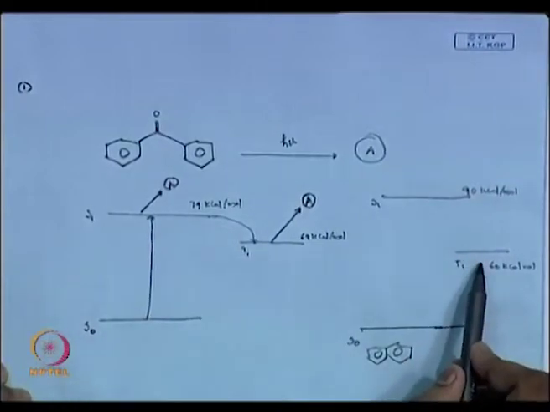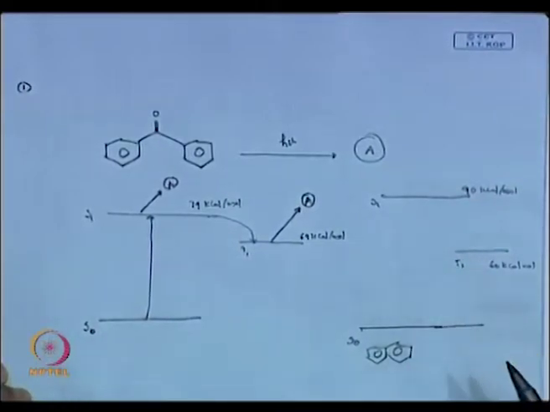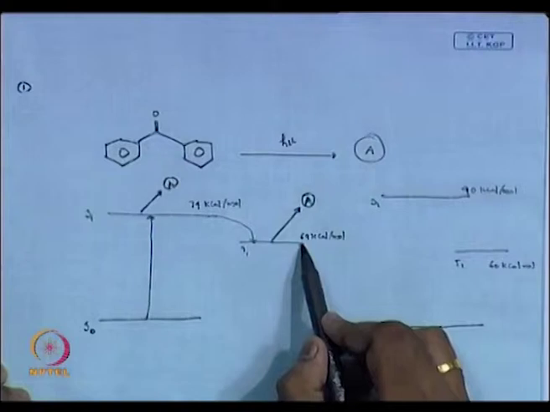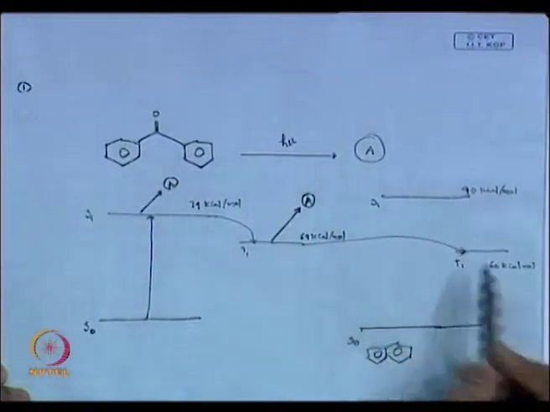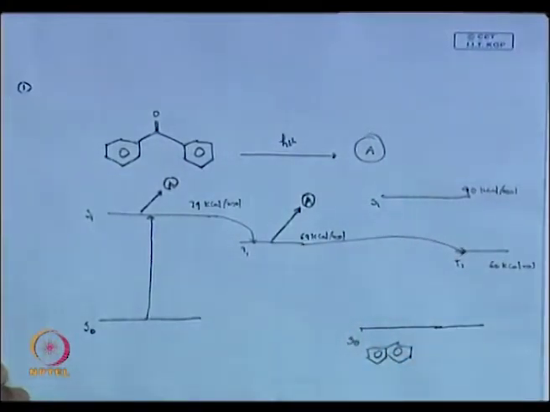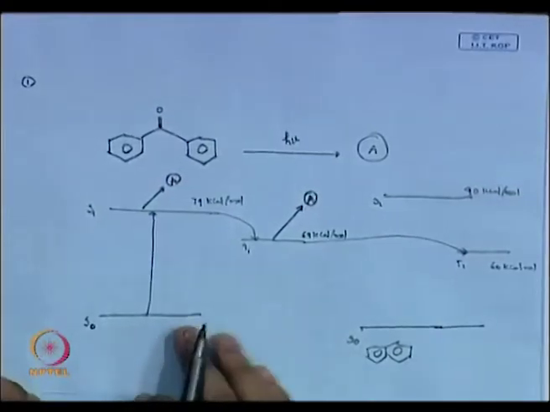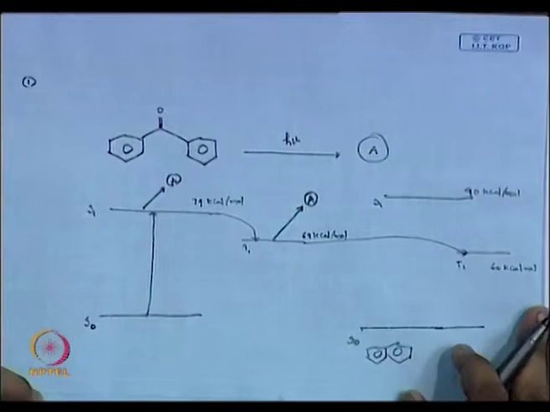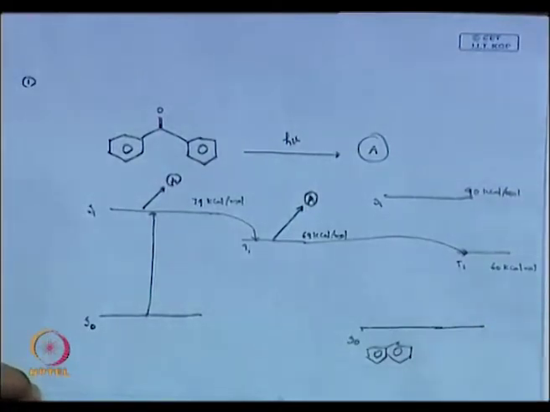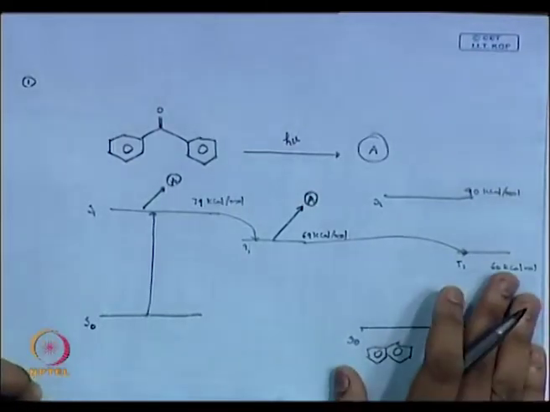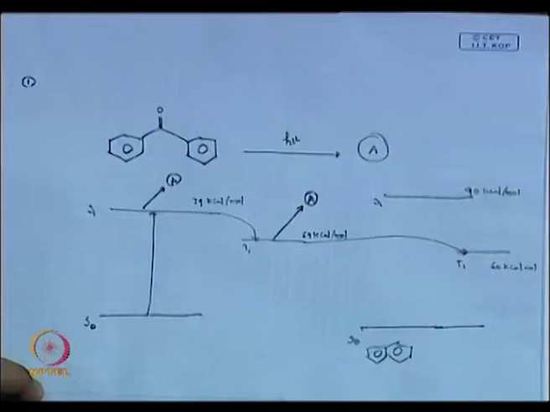Because the T1 of naphthalene is the lowest excited state, and we see most of the time photochemistry happens from the lowest excited state, the benzophenone can transfer its energy to naphthalene from the triplet excited state, because that is what we studied. Then naphthalene will do the chemistry, which I will teach you when we go to pi star chemistry.